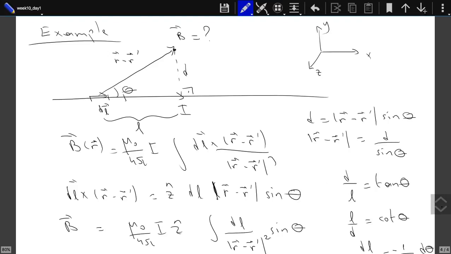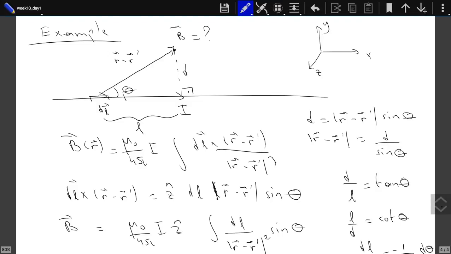It's minus infinity. That is one place where I wasn't so careful. So what is dl, what is the direction of dl, etc.?